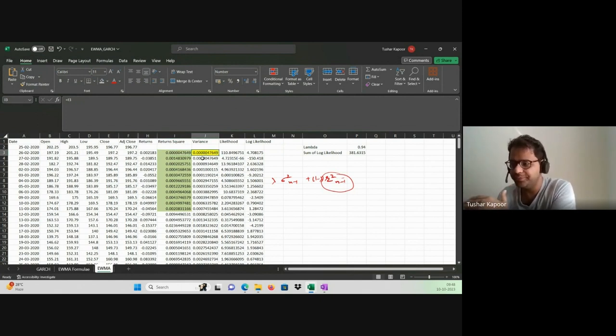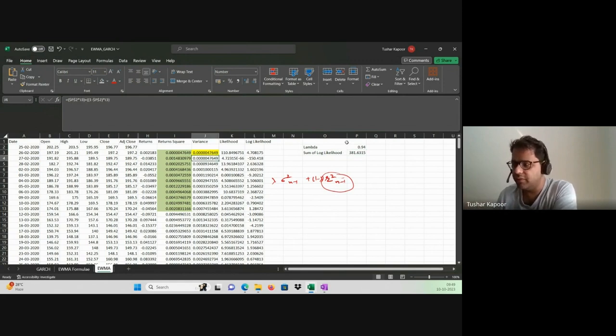And how do you do that? Something very, very interesting here. To calculate the variance for the next day, like this one, J4, you need to consider the lambda, and the lambda assumed for this case is 0.94.